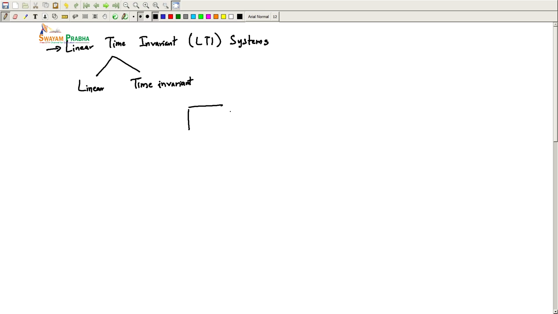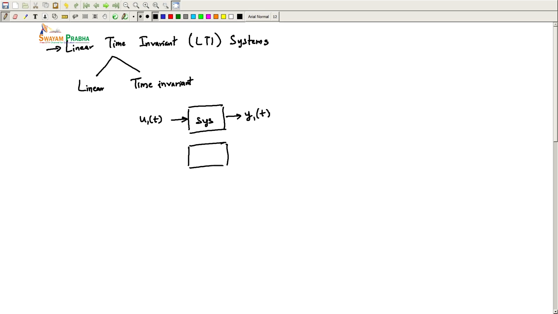So say we are given a system, and for an input signal u1(t) we get an output signal y1(t).